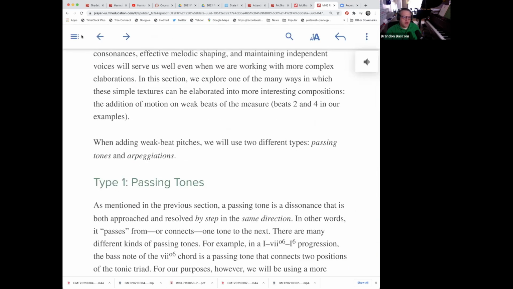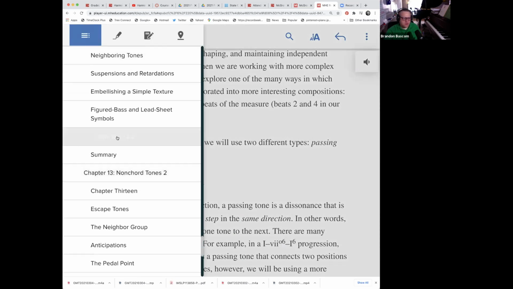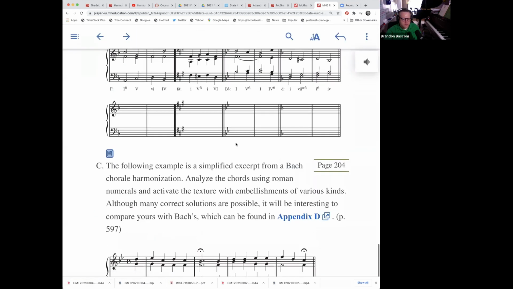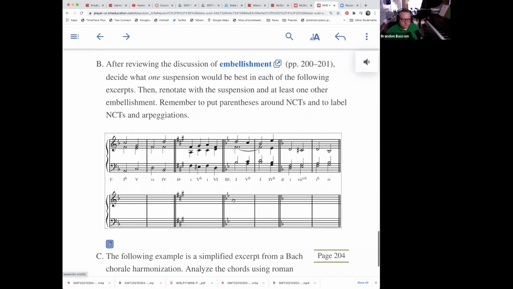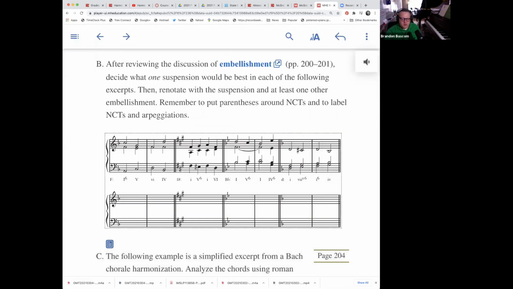All right, back to self-test 12.2. All right.